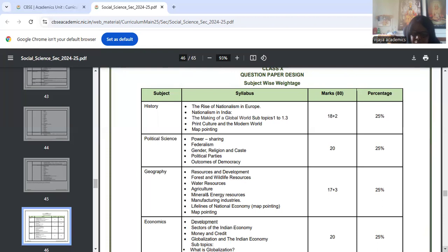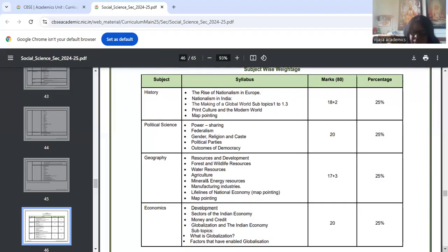Political science: power sharing, federalism, gender, religion, caste, political parties, outcomes of democracy. Marks allocated 20, 25%. Geography: resources and development, forest and wildlife resources, water resources, agriculture, minerals and energy resources. Manufacturing industries and lifelines of national economy are only for map pointing. And last is map pointing. So total 17 plus 3, 25%.